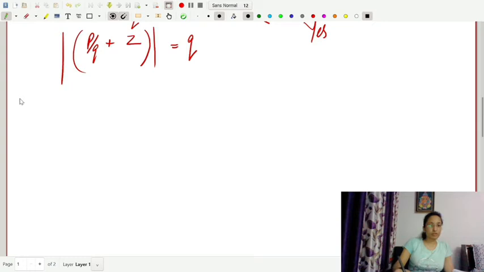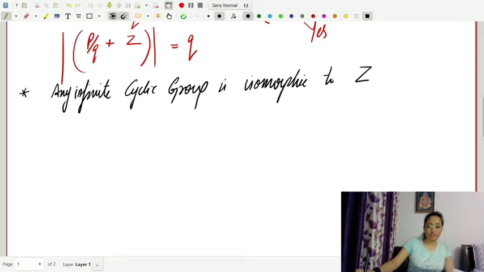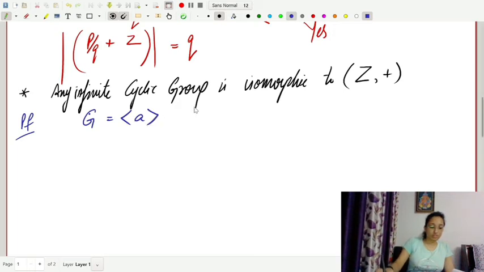We have a property that any infinite cyclic group is isomorphic to integers under addition. Proof. Basically, G generated by a is equal to a raised to power n such that n belongs to integers.